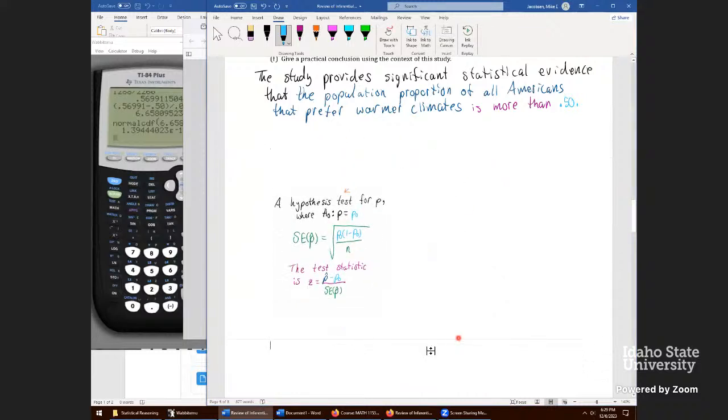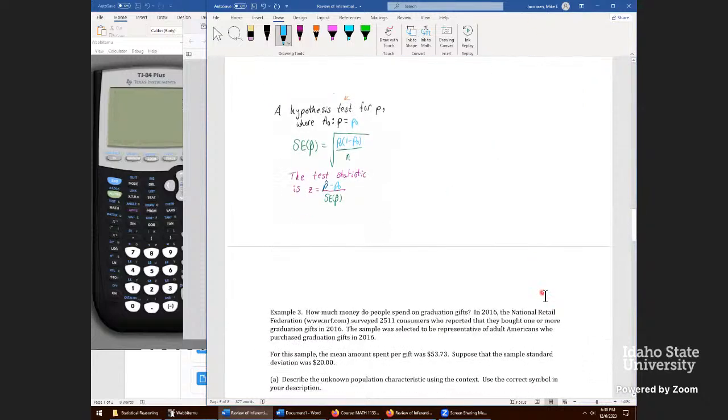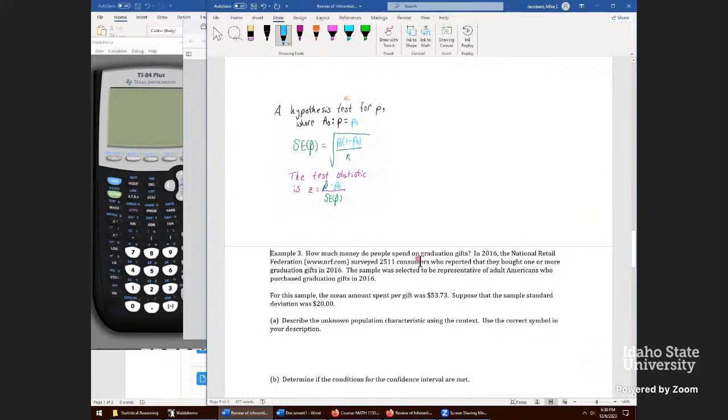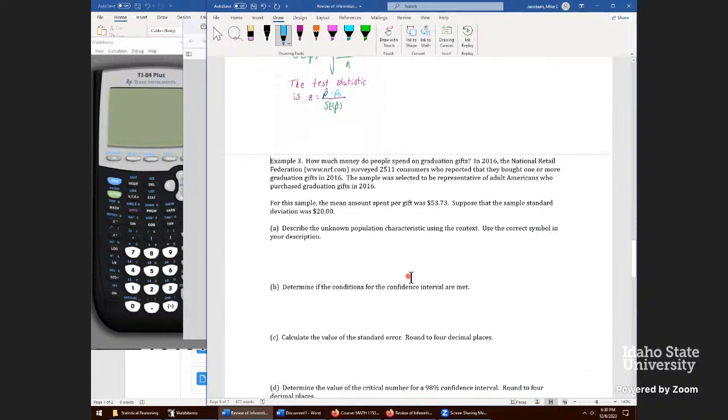Now we're going to convert to a brand new randomly generated problem. And these were really randomly sorted. Here's how our example 3 looks like. It says, how much money do people spend on graduation gifts? So that's an interesting topic. In 2016, the National Retail Federation, I didn't know that's real, but it's apparently a real thing, surveyed 2,511 customers.